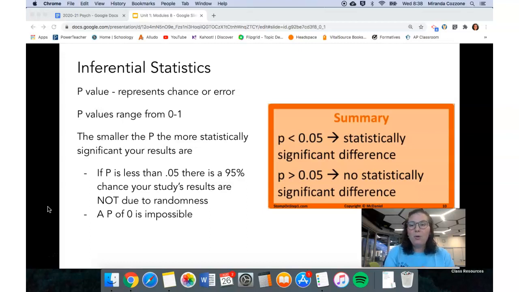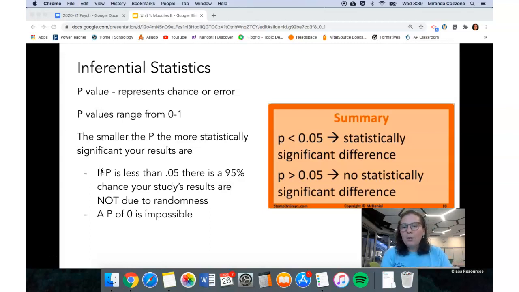So a p-value could be anywhere between 0 to 1. Okay, 0 meaning there's absolutely no chance of error. 1 being you are 100%, your data is full of errors. Okay, so like I said, you don't need to be able to calculate that, but you do need to be able to look at a p-score and understand, is there statistical significance or not?